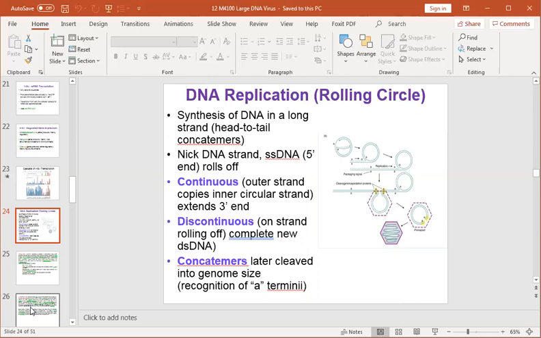We make a completely new strand, and the combination of discontinuous and continuous forms a double-stranded DNA. These newly synthesized DNAs are in the shape of concatemers that are later cleaved into genome-size segments, and this process is aided by recognition of the A sequence or A termini that we discussed before.